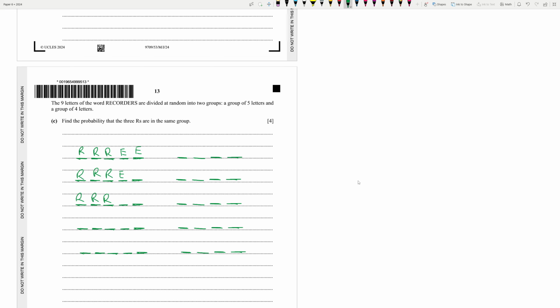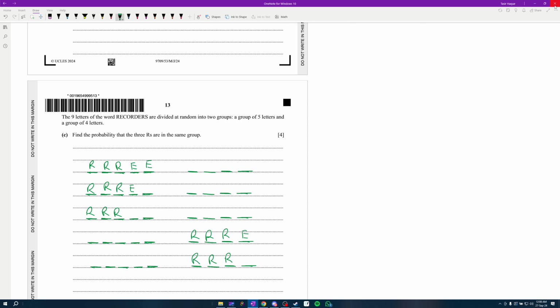And now we are going to consider the R's in the other group. We can have 3 R's over here along with 1 E, or we can just have 3 R's over here. Why am I doing this? Because I am looking for my condition, which is having all 3 R's in the same group.